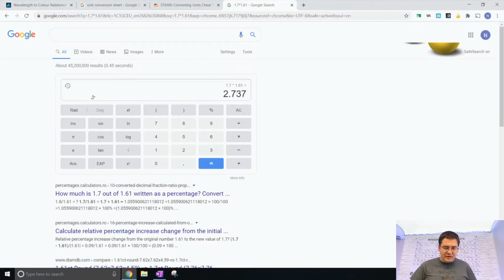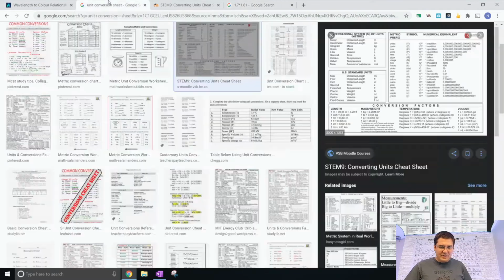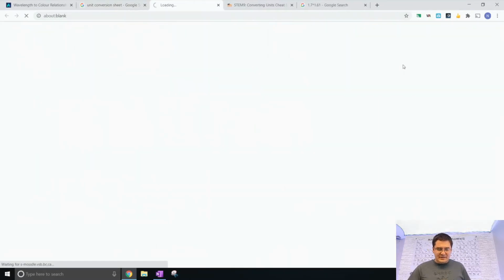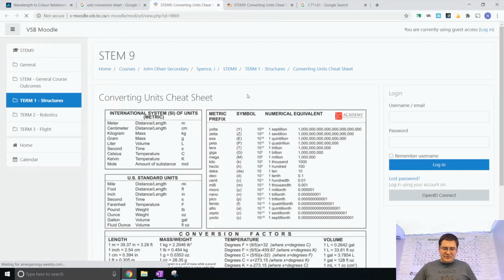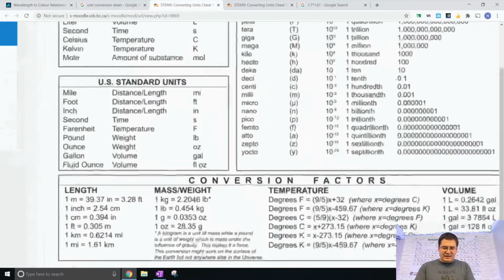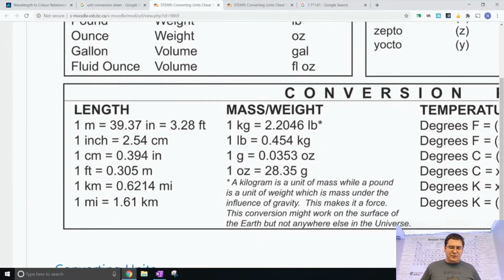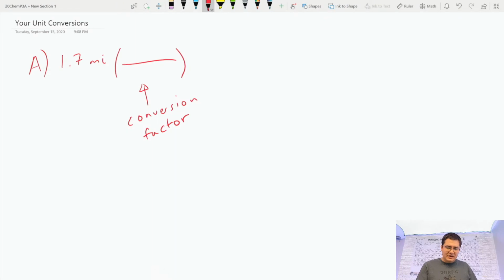I've already got my calculator up. Let's see if I can find this. So here's this conversion factors, and you can see down in the lower left corner, 1 mile is equivalent to 1.61 kilometers. So those are equal distances. So what I can do, I'm going to convert miles to kilometers, and you'll notice where I put the miles and where I put the kilometers, because what we're doing is multiplying by that fraction.